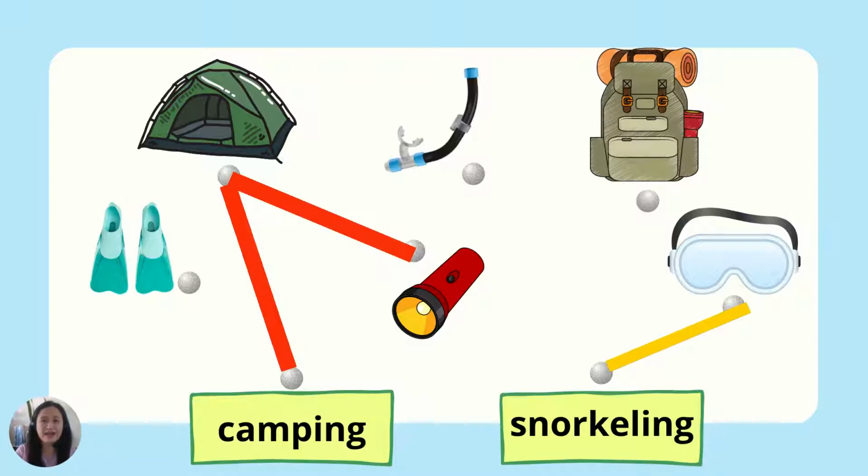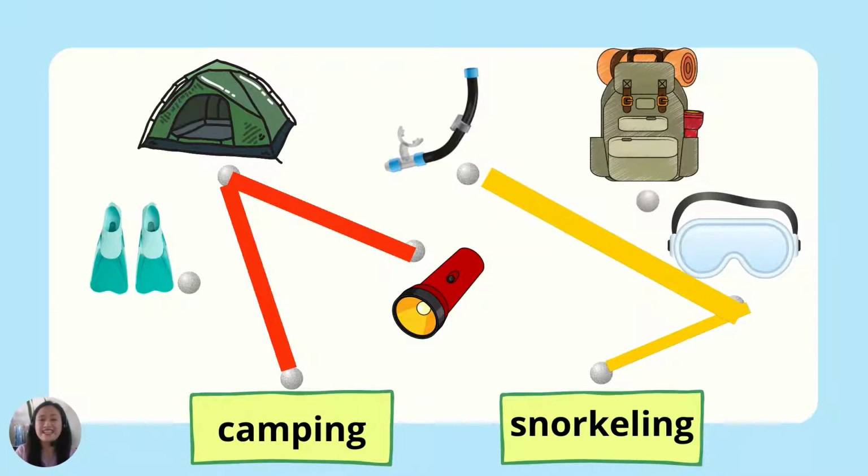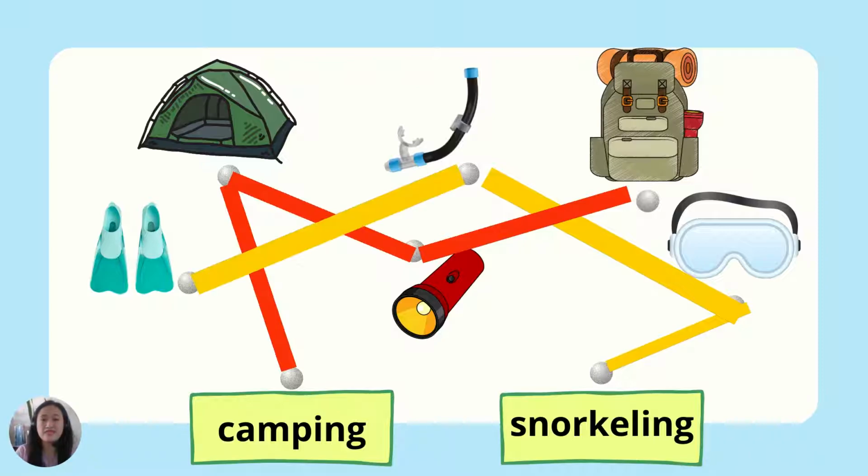If you're thinking about snorkel, then that is definitely right. Again, what word or image is related with camping? You only have 2 choices left. And if your answer is backpack, then that is correct. And the last image left is the swim fins for snorkeling.